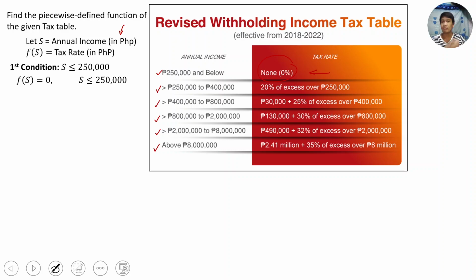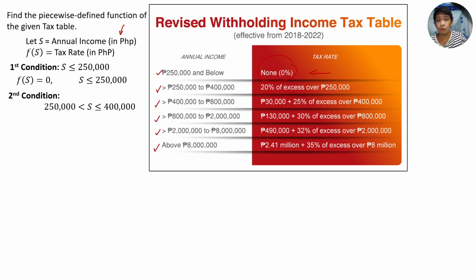Second, sabi ng second condition, for 250 to 400, greater than 250 up to 400. So, the salary income or annual income is greater than 250 but less than or equal to 400,000. So, ano ang tax? Sabi ni table, 20% in excess of 250,000. So, meaning to say, whatever the annual salary minus 250,000, then multiply it by 20%.